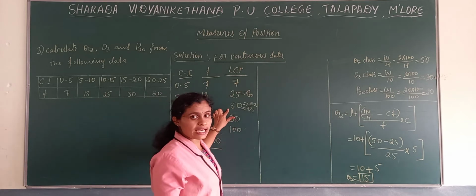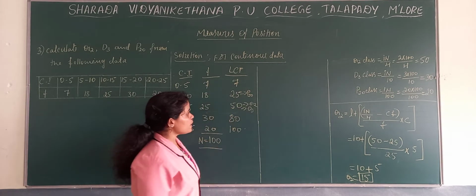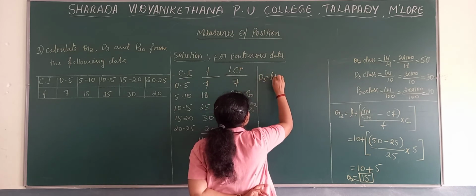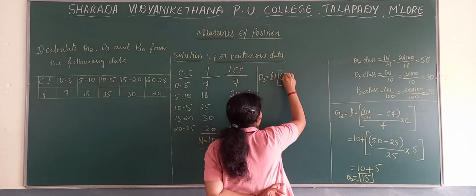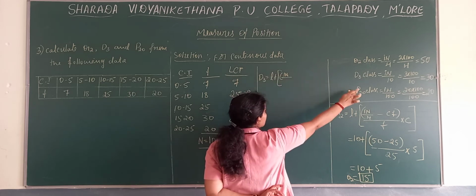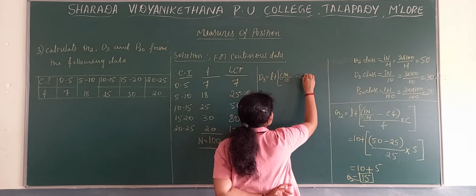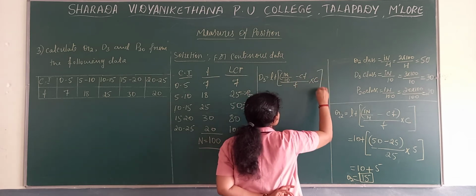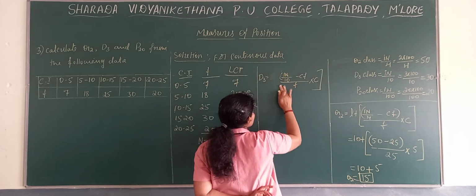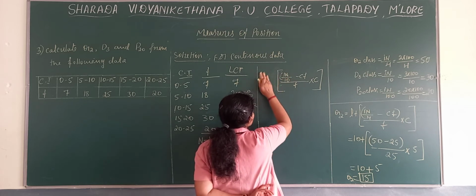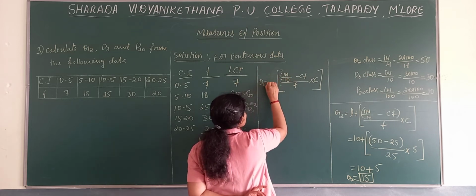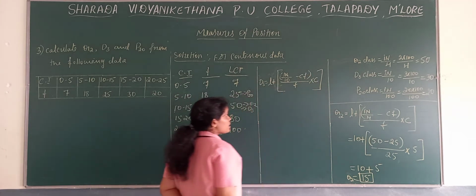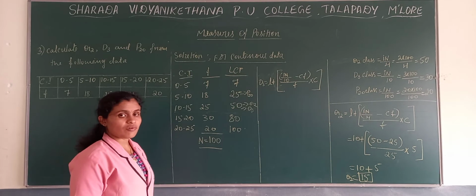Now apply the D3 formula once again. D3 is equal to L plus N by 10 minus CF, divided by frequency, into C.